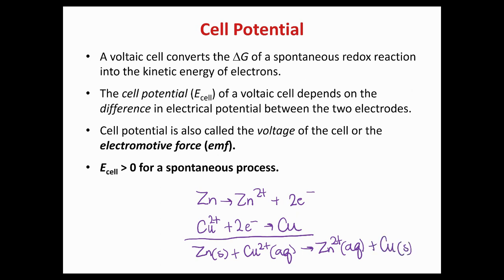Okay, so the desire for zinc to lose and the copper to gain creates what's called an electromotive force. That's the drive of zinc to lose electrons to copper. And that drive sets up what's called a cell potential, and that's measured in voltage.